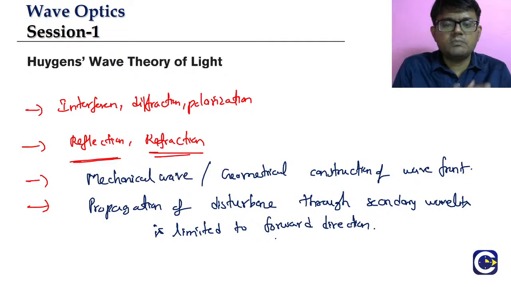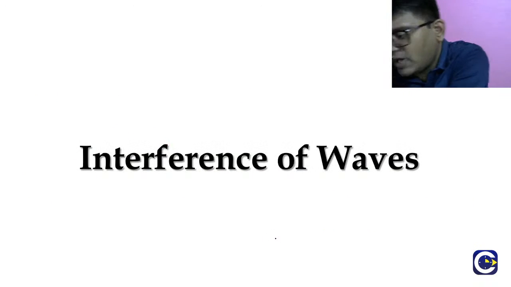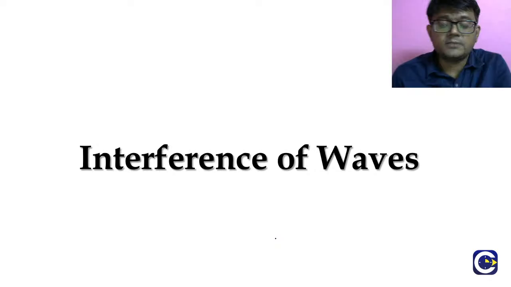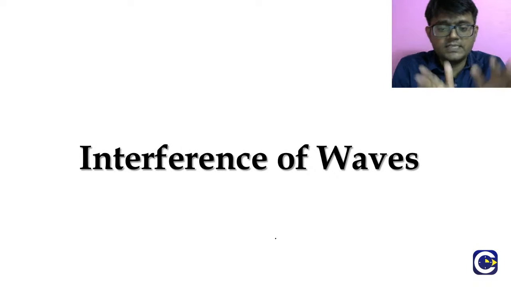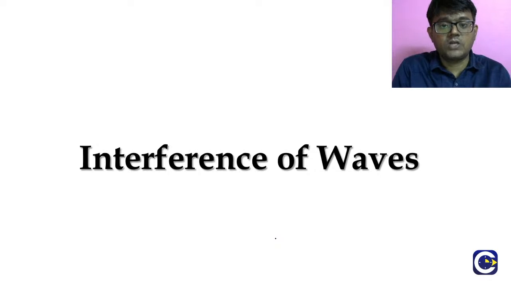Okay, so this is about Huygens's wave theory of light, and in the next session we'll start with a discussion about the concept of interference of waves. This is something that we have done in +1 when we talked about the interference of propagating waves.